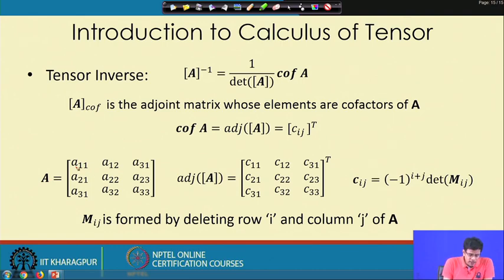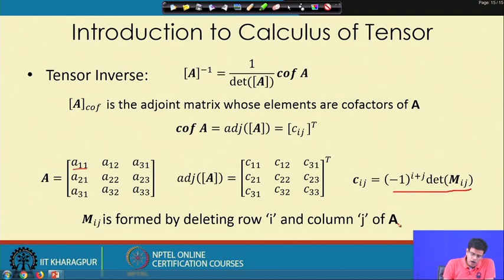If A is A11, A12 and so on, then the adjoint matrix is made of Cij. Now, what is Cij? It is essentially the determinant of the minors. Mij is obtained by deleting the ith row and jth column.